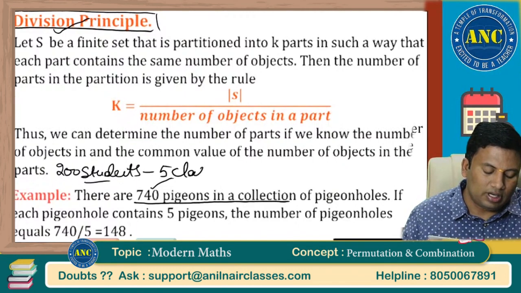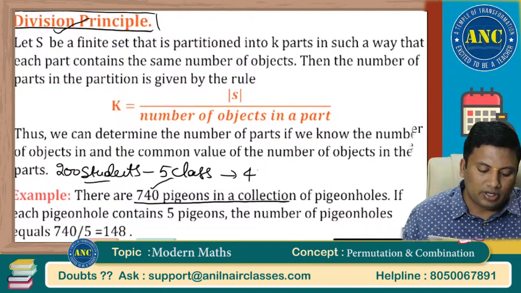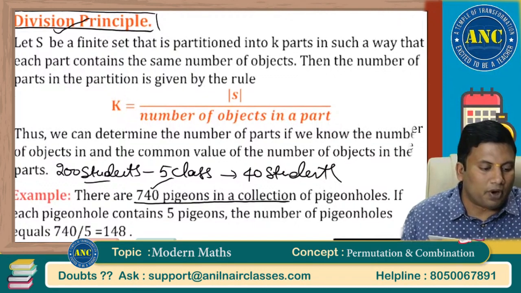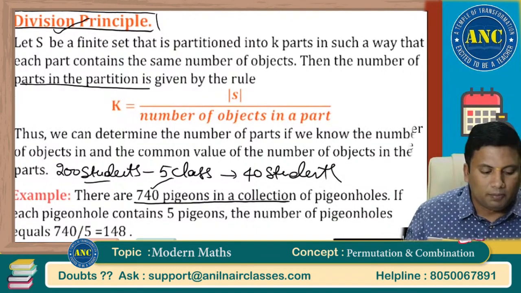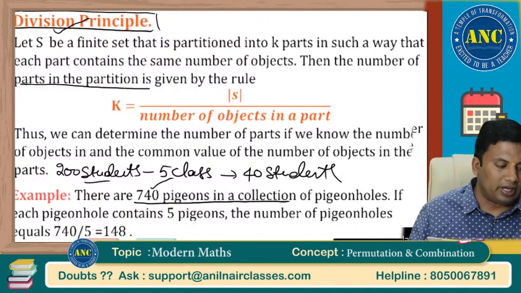Each class will have how many students? 40 students. This is very popularly used in the pigeonhole principle. I hope it is clear.